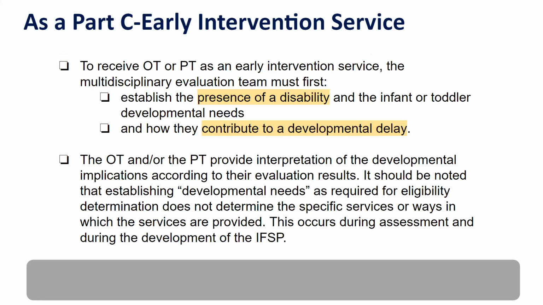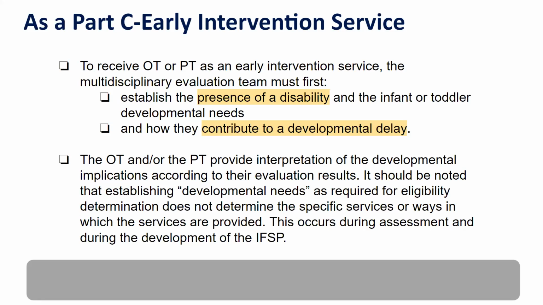That one is a little more open because it could be related to a lot of different components. So if we have a young child who has some sensory needs and we're not 100% certain where those sensory needs are coming from, we may want an occupational therapist to be on the team to provide some services to us to help with that sensory integration.